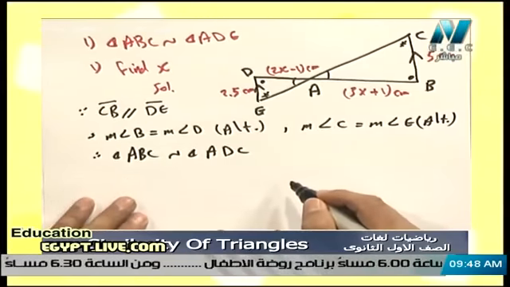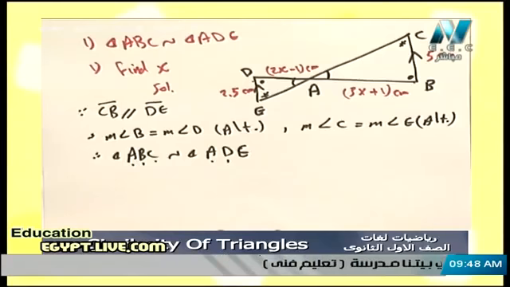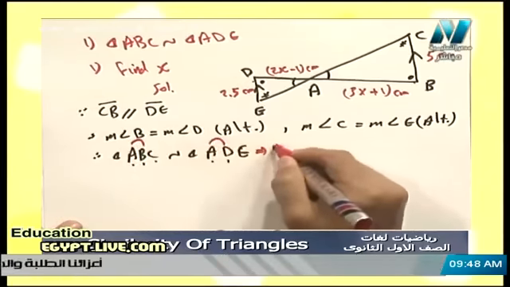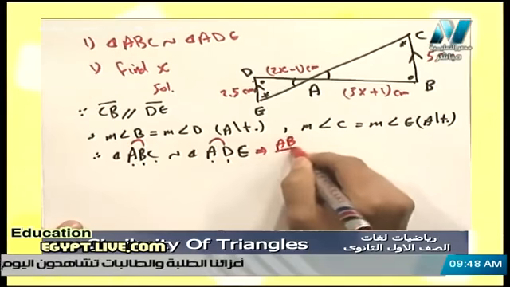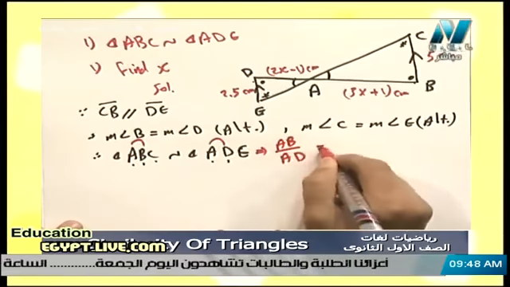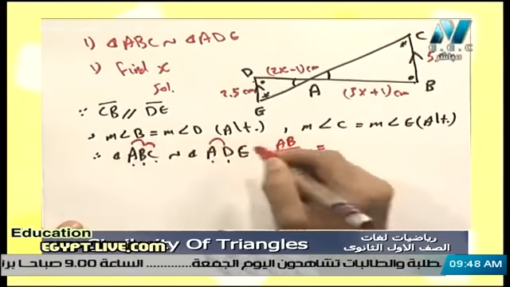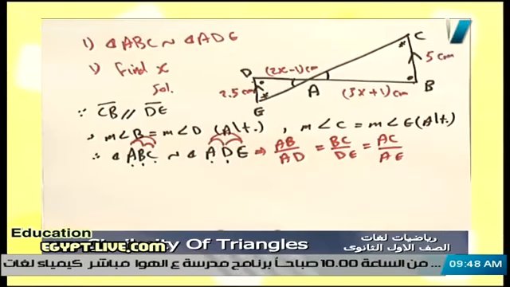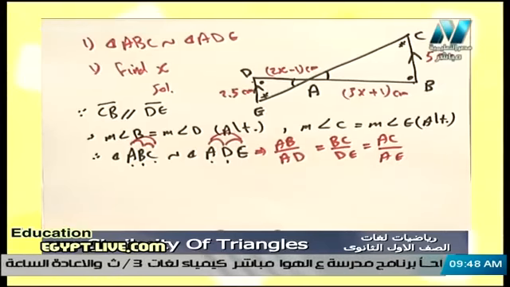And we can deduce the ratio AB over AD equals BC over DE, and equals AC over AE. Let's replace these sides.